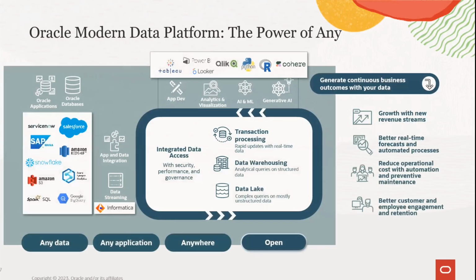One of the things I want to highlight today is that a unique aspect of Oracle Modern Data Platform is that many of our customers are running their SaaS applications, and oftentimes the enterprise applications, on the same cloud platform as our Modern Data Platform.